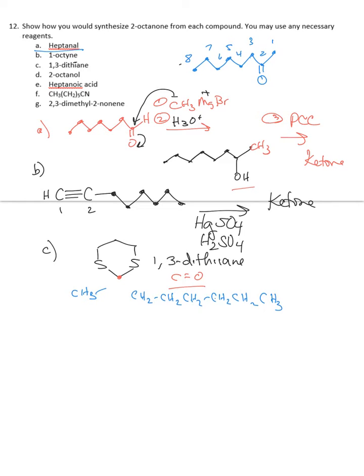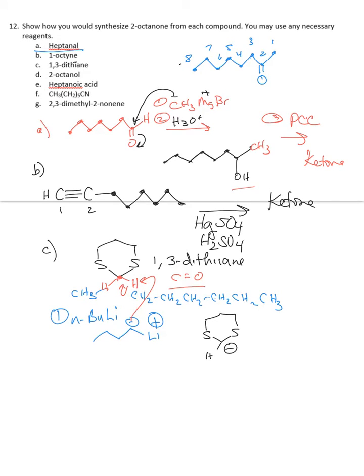So how do you do that? Well, the first thing you do is you're going to add N-butyl lithium. N-butyl lithium is, in this case, a very strong base, and it's going to deprotonate one of the hydrogens on the 1,3-dithiane. So you're going to get this molecule here that's a carbon anion.